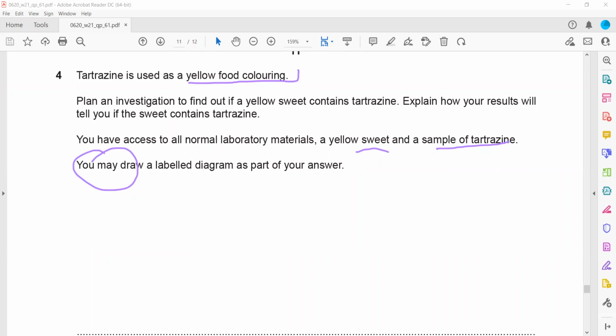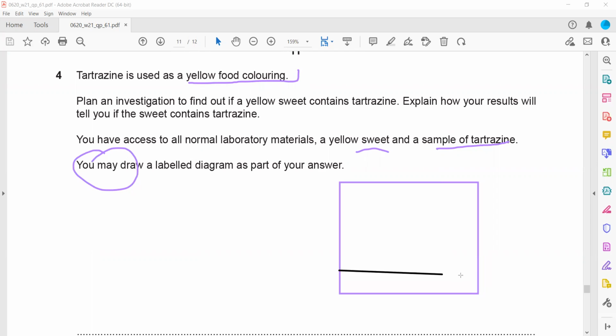First, we have a sweet, but we will use chromatography. When using chromatography, we cannot put a solid, we should have a solution. So first we make a solution of the sweet, then we'll use chromatography.